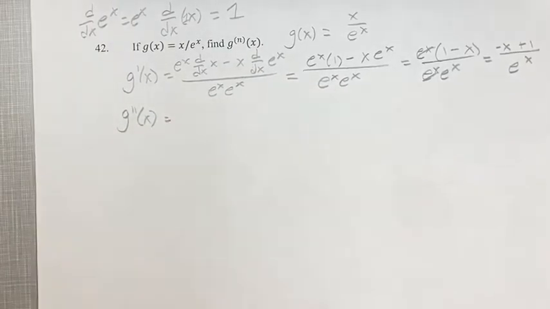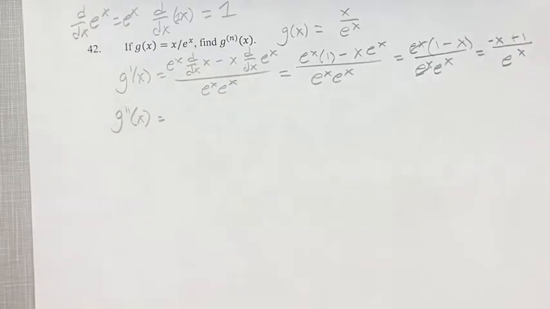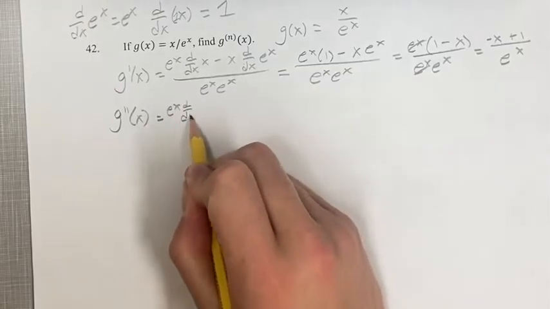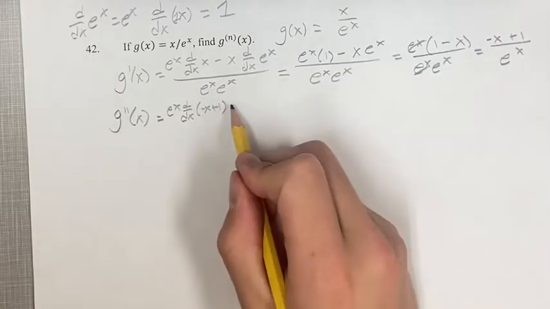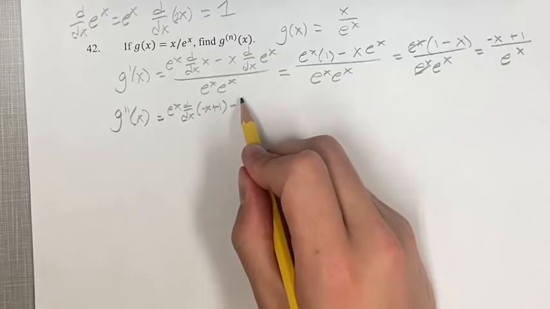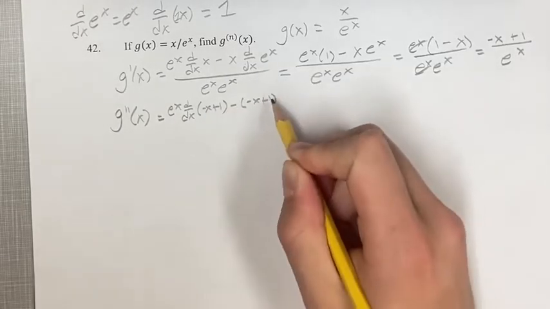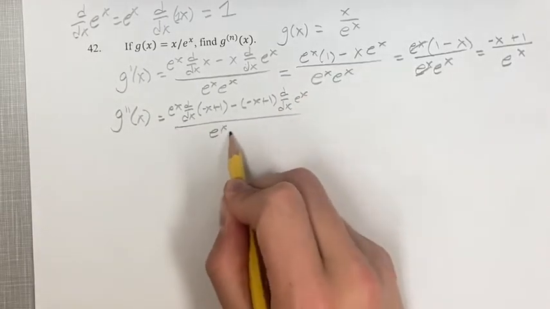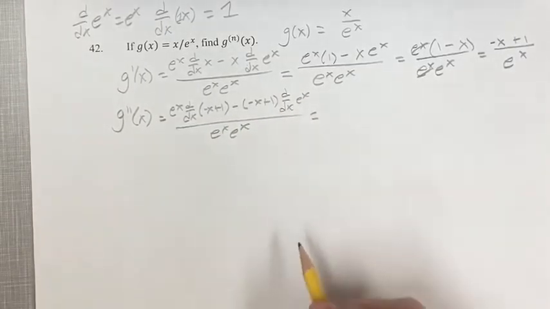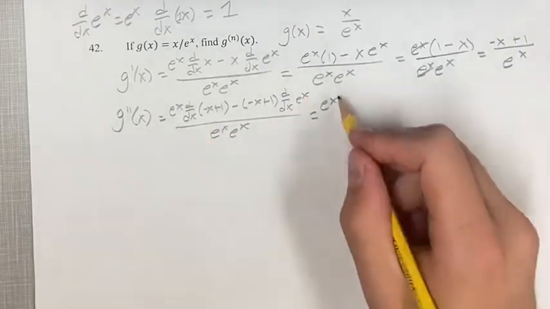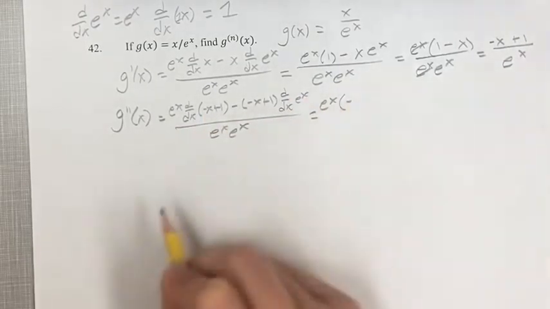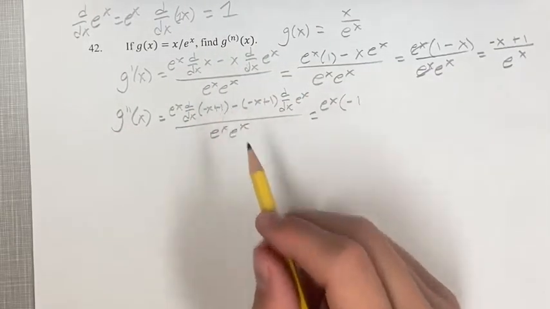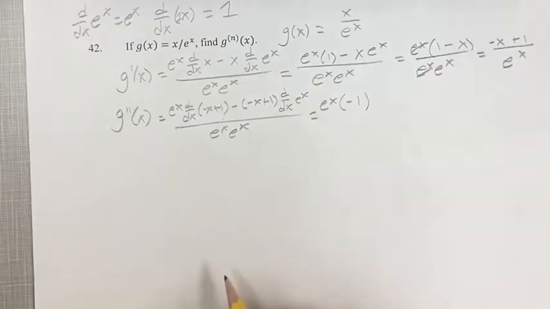But finding our second derivative, we can do the same thing. We can do the quotient rule. So we have the denominator times the derivative of the numerator, minus the numerator times the derivative of the denominator, over the denominator squared. This is equal to e to the x times negative 1, since the derivative of x is 1, plus the derivative of a constant, which is always 0, so we don't even have to write that.